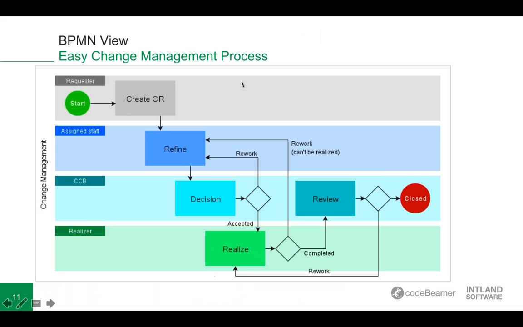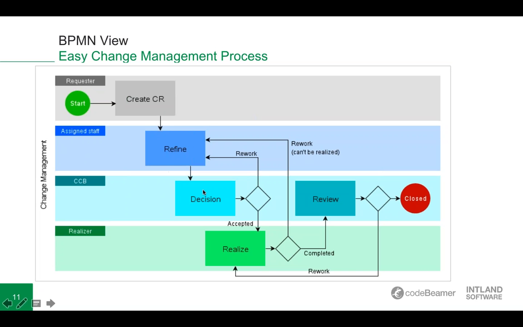And I'm going to show you as well a very easy change management process. So in some area, any requester will create a change request, and that's a very important part in regards to the development, because you have changes coming from customer, out of development, or wherever. You have an assigned staff who will refine maybe that requirement.